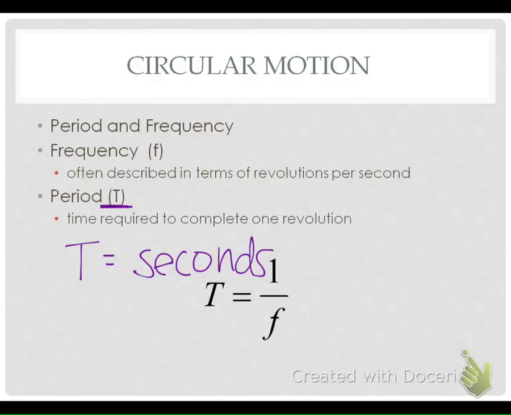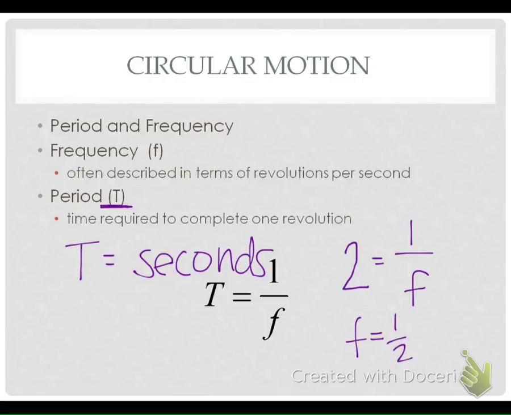So if it takes me 2 seconds to get around this circle one time, okay, if it takes me 2 seconds, that's T. That means my frequency will then be what? 2. No. My frequency will be, I'll switch these two places. So my frequency will be 1/2, okay?